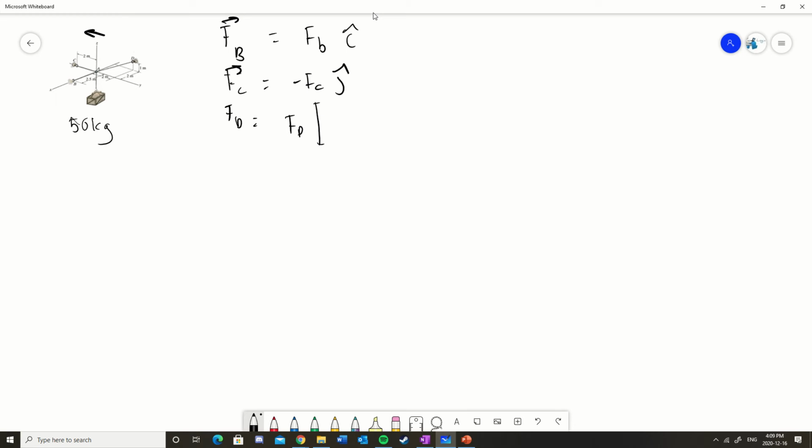Now we want to represent this by the actual dimension listed here over the total length of this line.